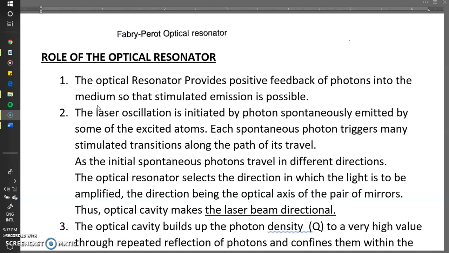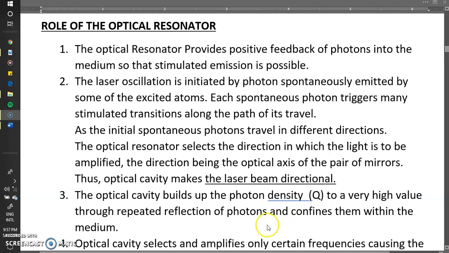Now these spontaneous photons travel in different directions. However, the optical resonator selects the direction in which the light is to be amplified, and that is the optical axis, and thus the optical cavity makes the laser beam directional. This is how the laser beam is directional.